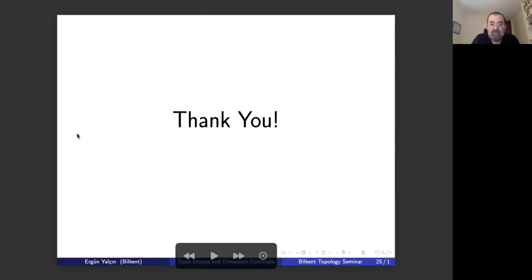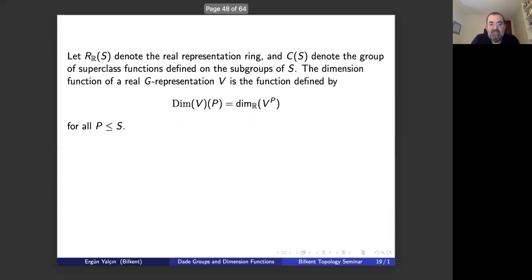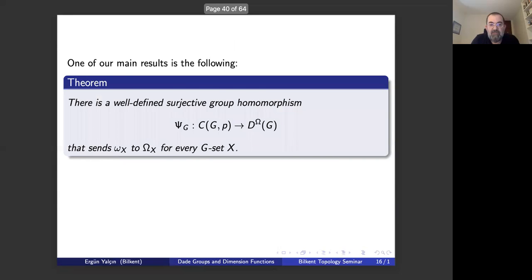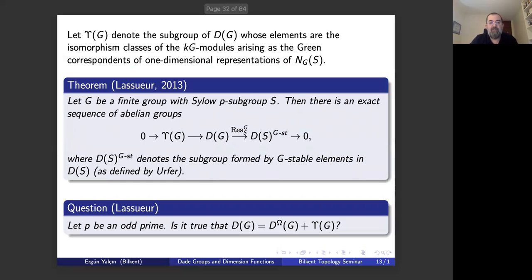Let me show you. There was one slide which went kind of fast, which shows the relation between Urfer's definition and Lassueur's definition. I will go back to that. So there is a short exact sequence which relates D(G) to Urfer's definition D(S).